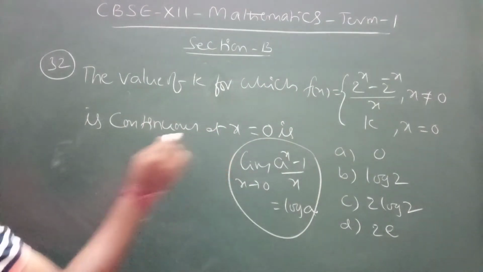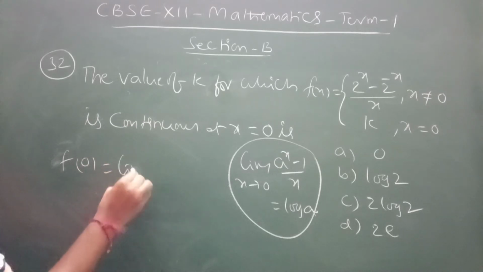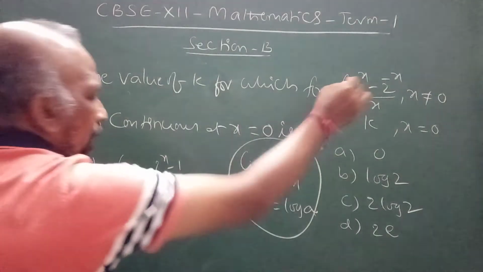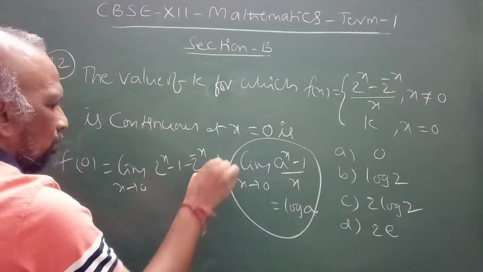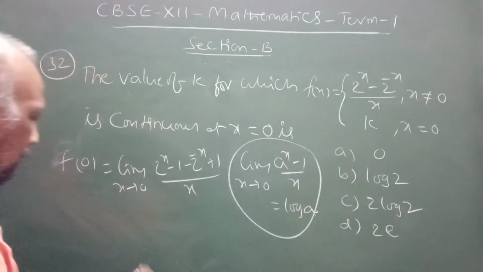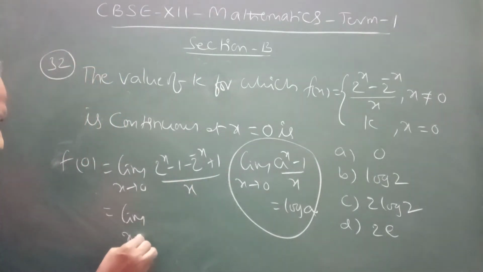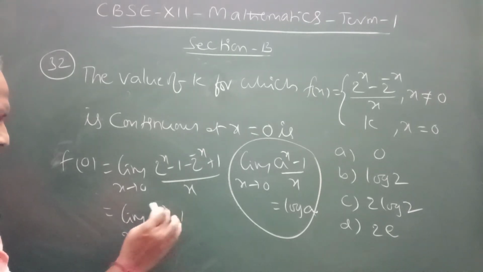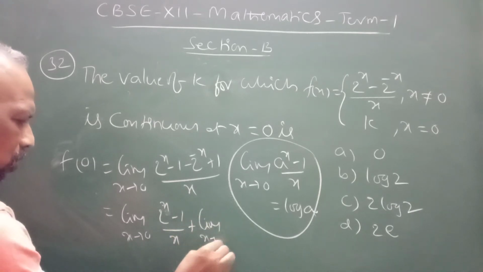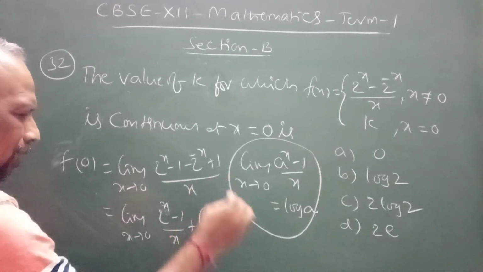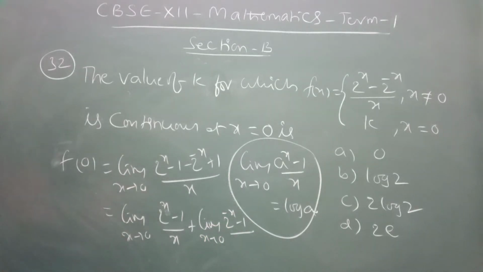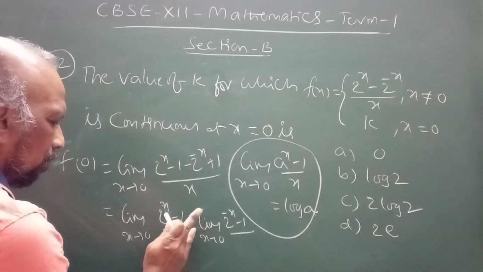Because they are asking f of 0, that is k, f of 0 is the limit as x tends to 0 of 2 power x minus 2 power minus x, all over x. Adding and subtracting 1, I can write limit x tends to 0 of (2 power x minus 1) by x, plus limit x tends to 0 of (2 power minus x minus 1) by, taking minus common, minus by x.